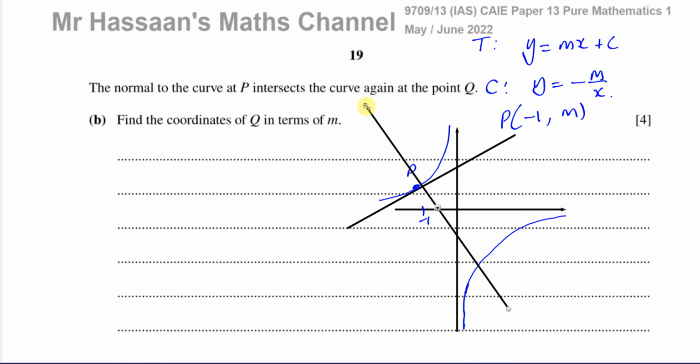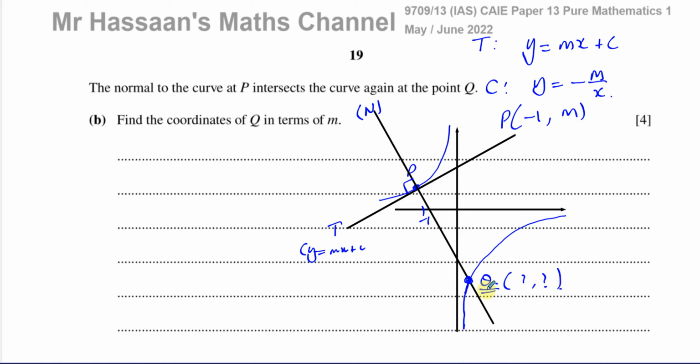You don't have to draw it accurately, but that will just help you to visualize. So that's the normal. The tangent has the equation y equals mx plus c, and this is the normal to the curve, so it's at 90 degrees to the tangent. Now it passes through the curve again at the point Q. So we have to find what the coordinates of Q are in terms of m.